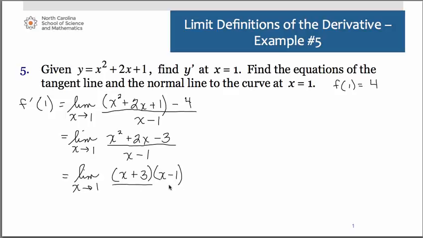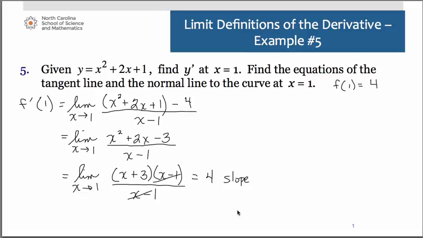That enables the x minus 1's to cancel. So now we can substitute 1 in place of our x, and we have 4. So remember what that is. That is the slope of the line tangent to this parabola at x equals 1.